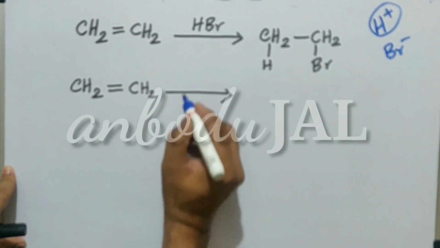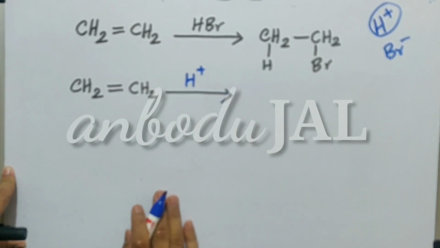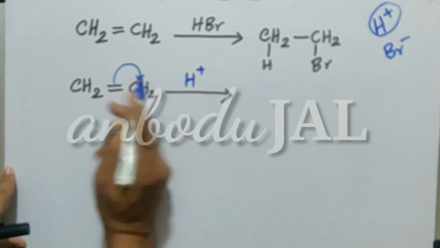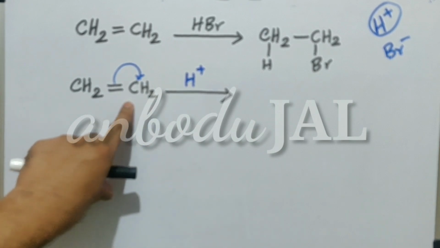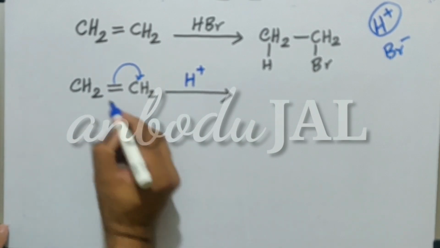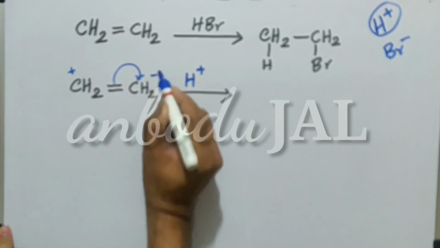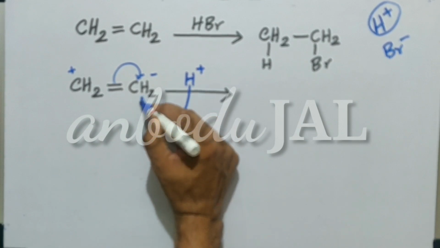So what happens here? In the first step, in the presence of H plus or the electrophile, this electron pair will be shifted to this carbon or this carbon, both are the same. As a result of this shifting, this carbon gets a positive charge and this carbon gets a negative charge. This H plus will be attracted towards this carbon.